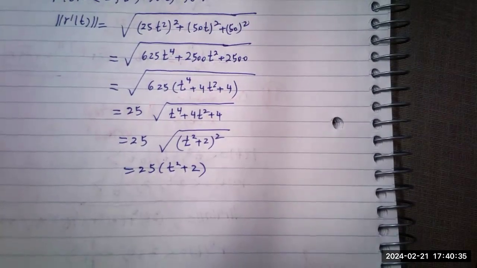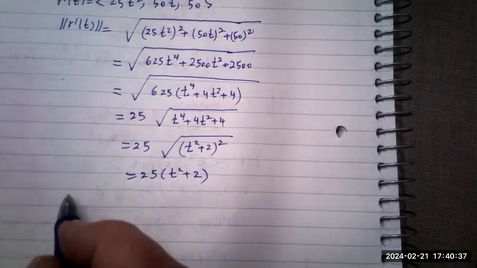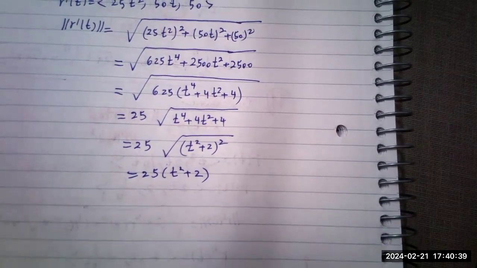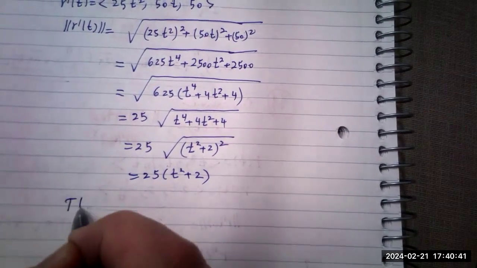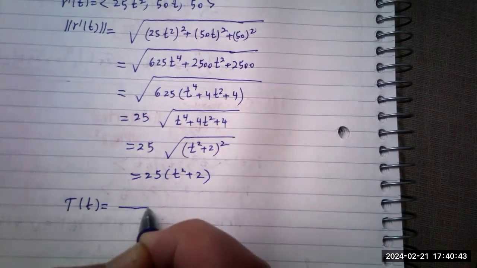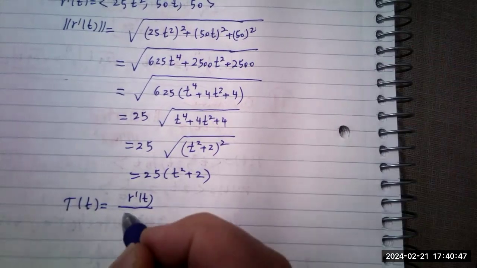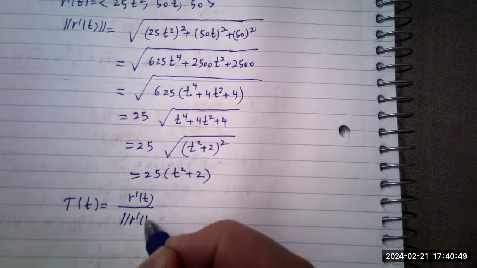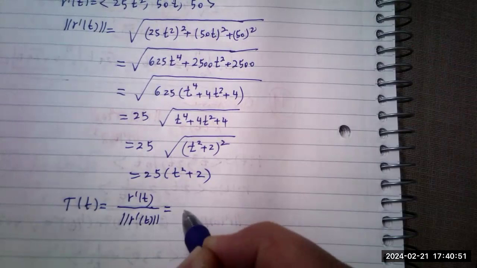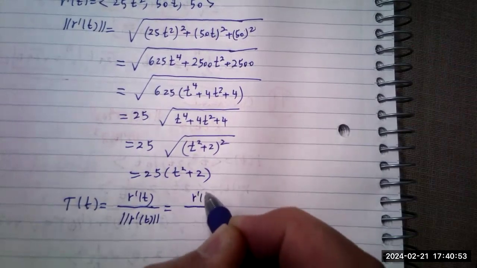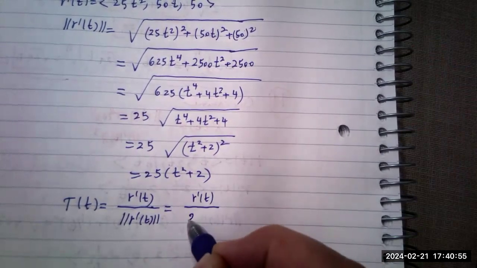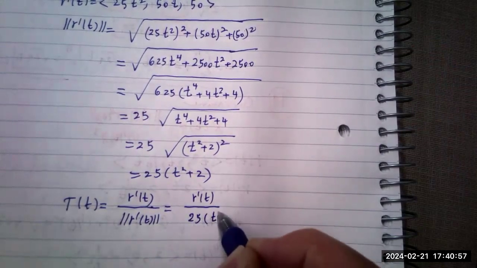Now we are ready to give you the T of t. This is the norm, okay? So T of t is going to be r prime of t over the norm of r prime of t. The norm, you already got: 25 times t squared plus 2.